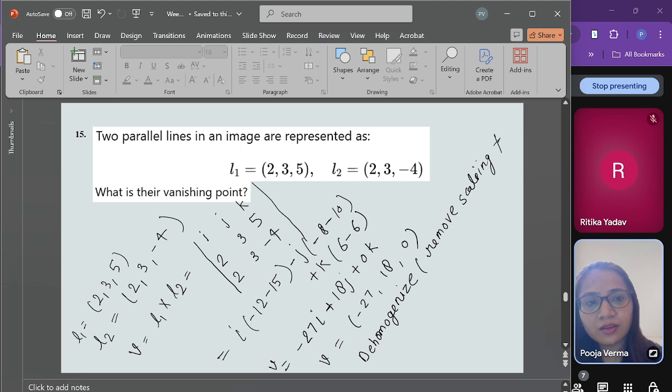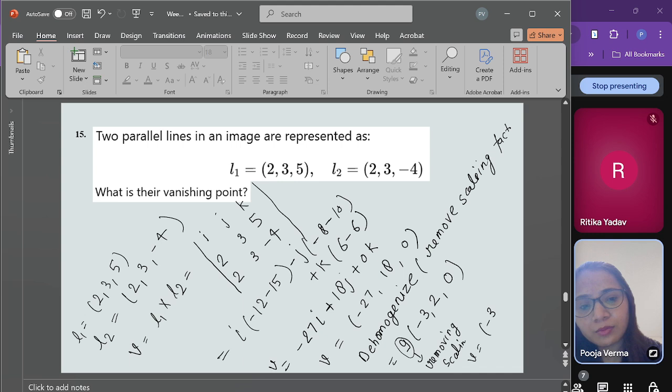What will be the scaling factor here? 9, right? So removing the scaling, the correct vanishing point you will get is (-3, 2, 0).